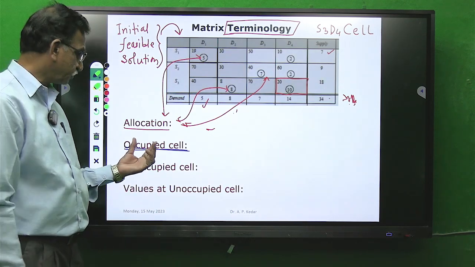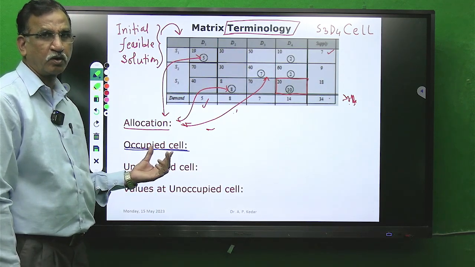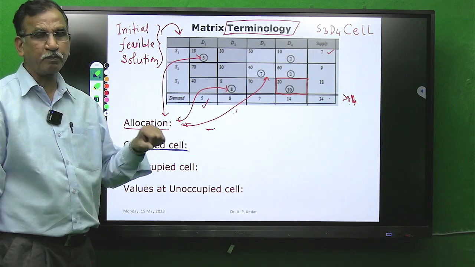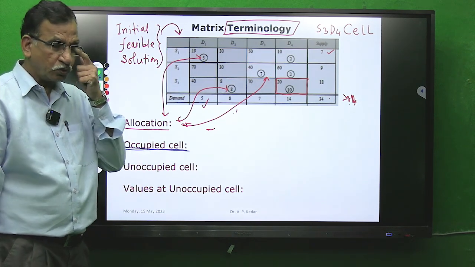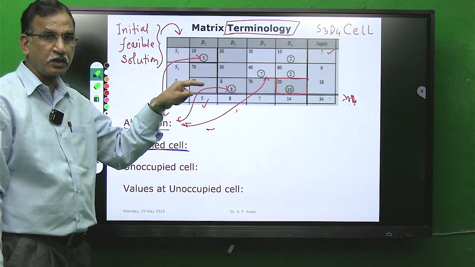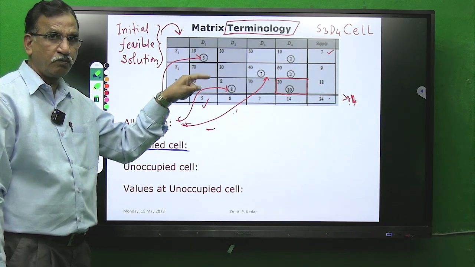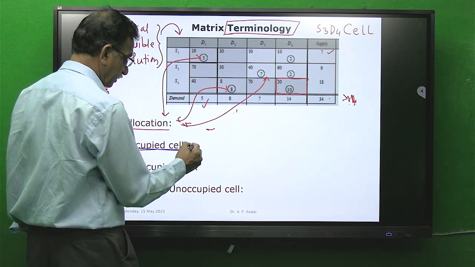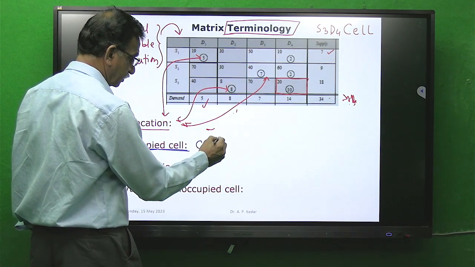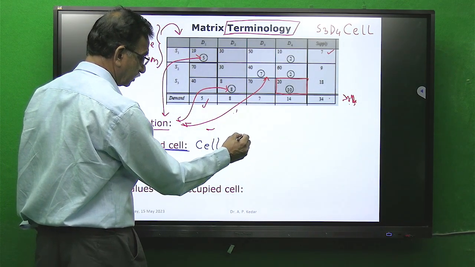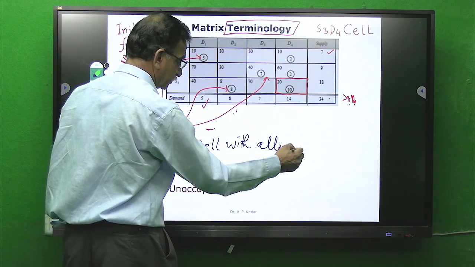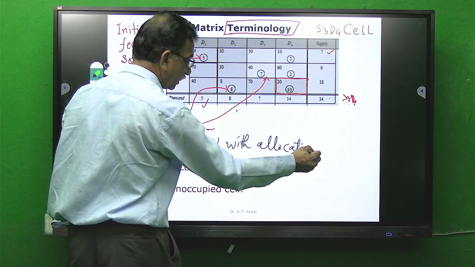We know the generalized, simple meaning of occupy: to grab, to be at a place. So the cell where we have allocation is referred to as an occupied cell. So in simple terms, a cell with allocation is an occupied cell.